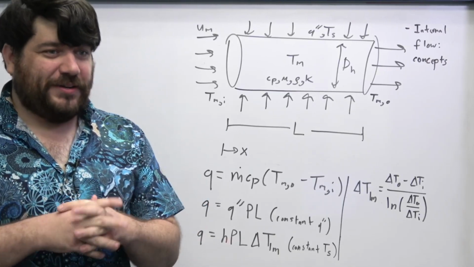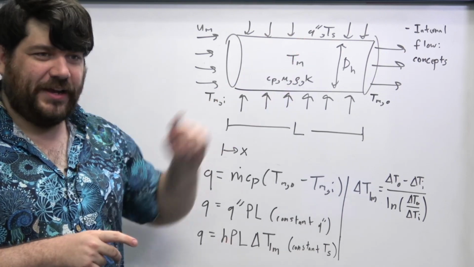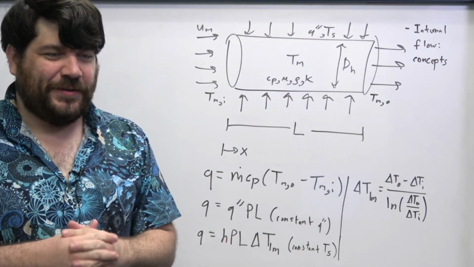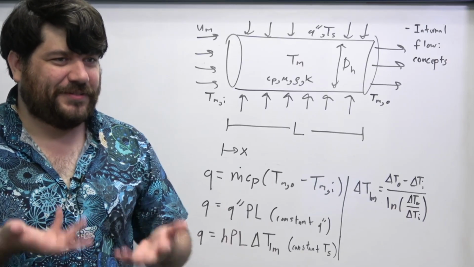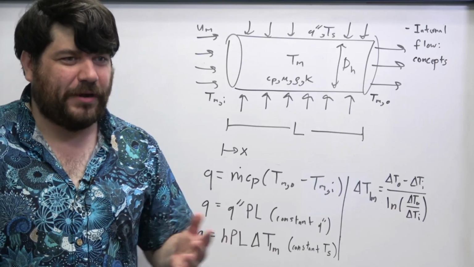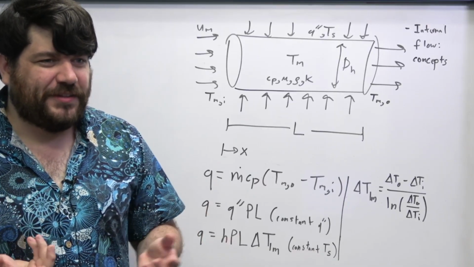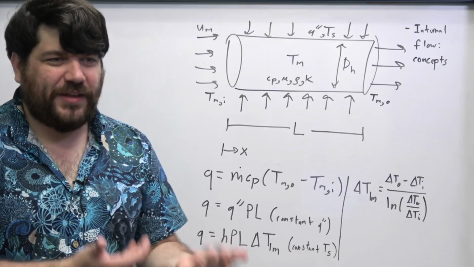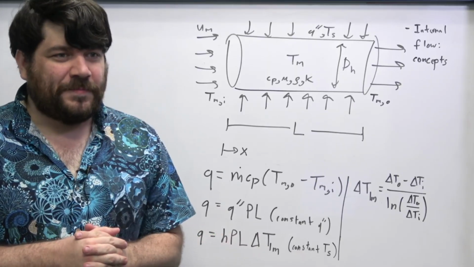But now, because the difference in temperature between the fluid and the surface is not constant, we can't really use that temperature difference because it's not the same everywhere. We have to somehow come up with some representative, not quite average, temperature difference value to use in this equation.